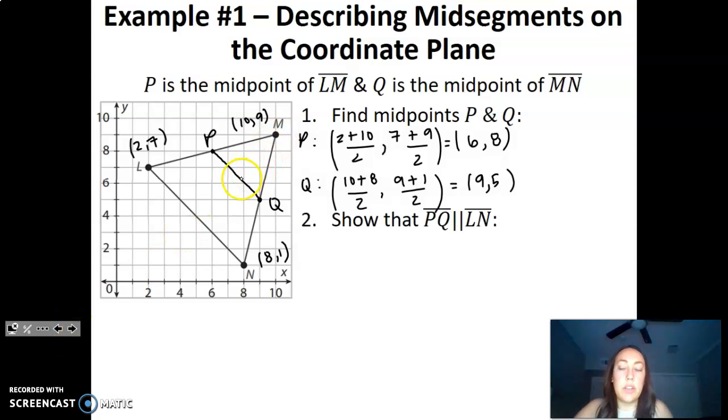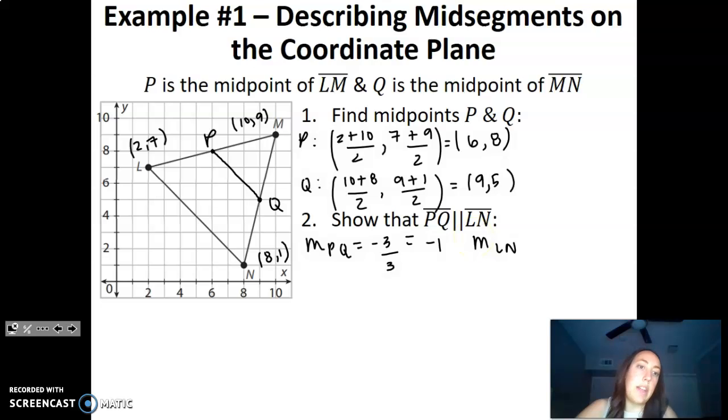Okay, so let's show that first property. Let's show that PQ is parallel to LN. The way we can do that is using slopes. Parallel lines should have the same slope in the coordinate plane. So if we look at the slope of PQ, from P to Q we go down 3 over 3. And down 3 over 3 simplifies to be -1. So the slope of line PQ is -1.